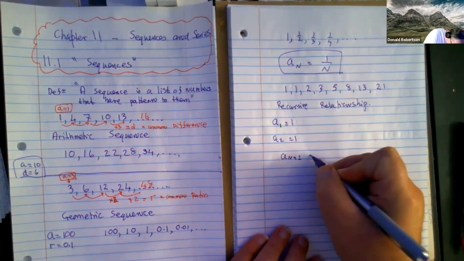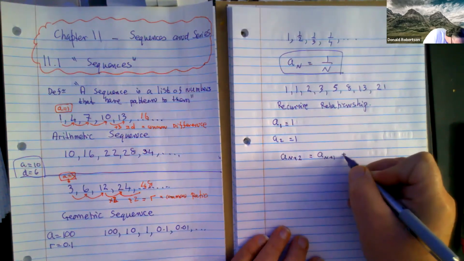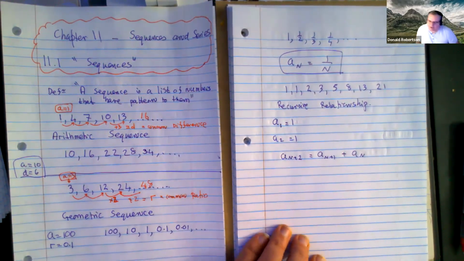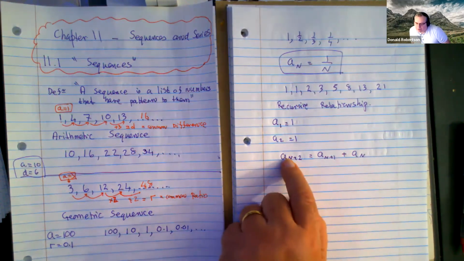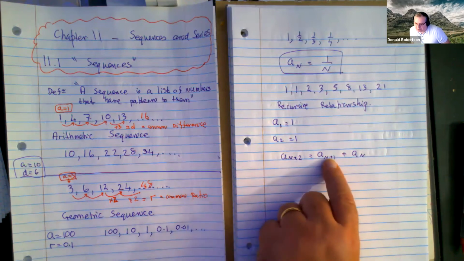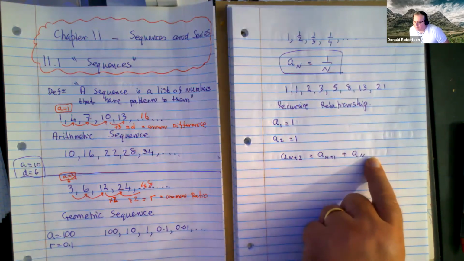The next number in the sequence is found by adding the 2 previous numbers. Now, if I say to you n plus 2, isn't n plus 1 the one just before it, and an is the one just before that?